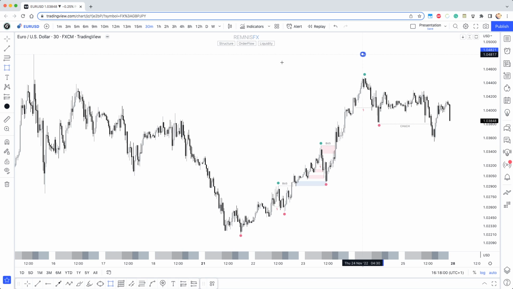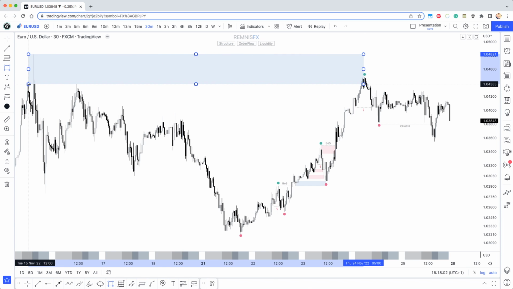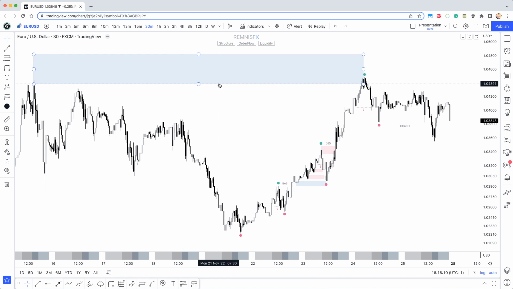Just a second, guys. You see this candle here with this huge wick? This is what I call an IFC, short for institutional funded candle. You may call it a point of interest or a refined order block, give it a name.